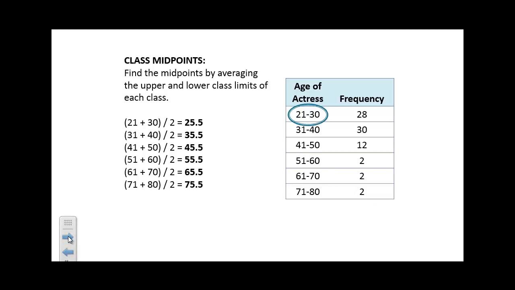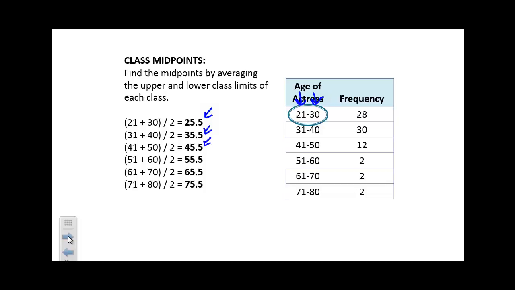Now, we'll use our class width in a second. Finding class midpoints. The long way to find your class midpoints is by averaging the upper and lower class limits of each class. That work is shown here on the screen, where I have taken lower class limit, upper class limit, 21 and 30, add those together, divide by 2. 31 and 40, add those together, divide by 2, and you get your midpoints of 25.5, 35.5, 45.5.